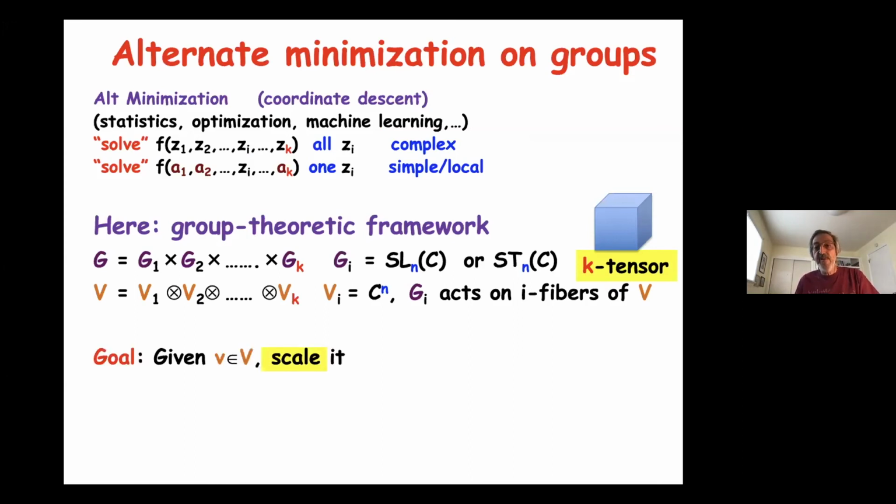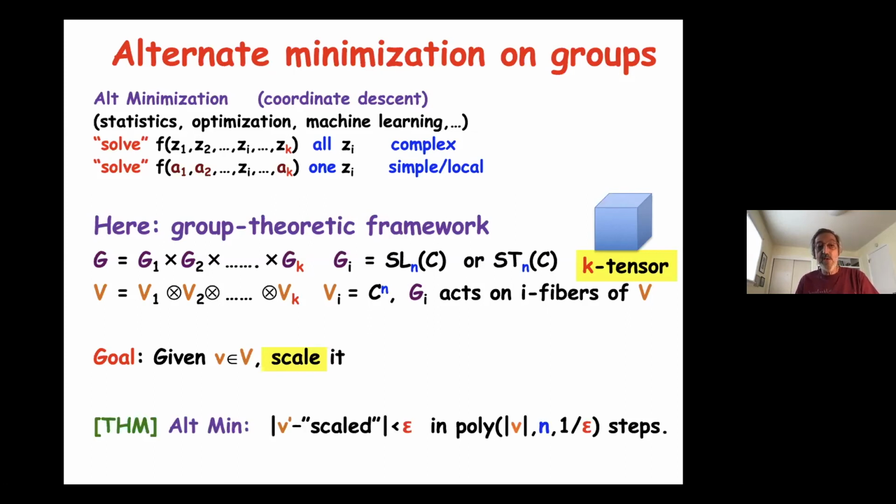But definitely it's the natural generalization. And we can ask, given a vector, namely a tensor like this, can we scale it? Scaling has the obvious general meaning. You can want row sums, column sums, and sums in all directions to be one, or the appropriate generalization of identity matrices, as in operator scaling. Anyway, that's a natural problem.